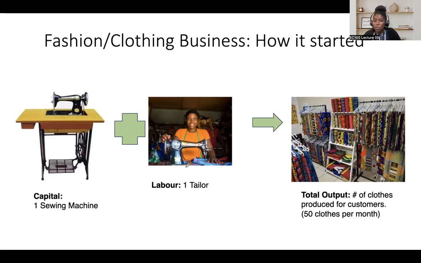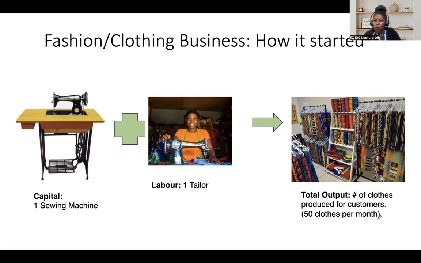There are so many processes, right? It's not just putting the cloth down and starting sewing. People will come to you with their custom designs, or you have to design for them, and then you have to make it. Then there's a process of cutting the clothes into pieces. It's just a lot of things. At the beginning, she's the only one, so she does everything. She cannot take so many orders because she has to do all that.